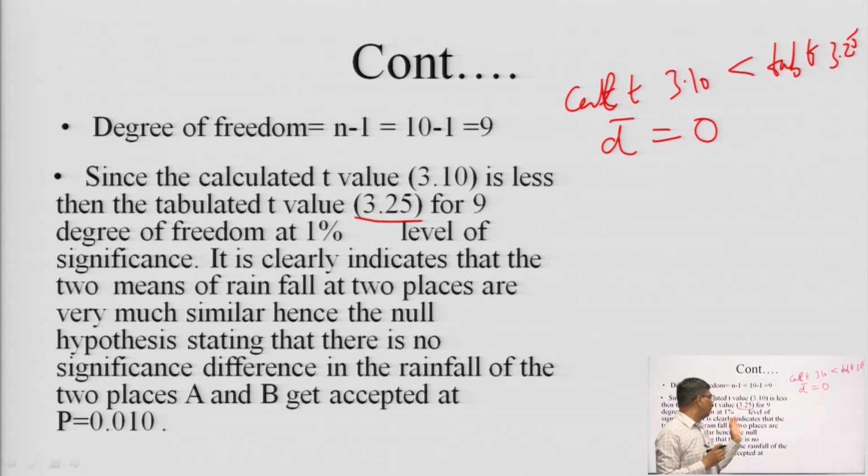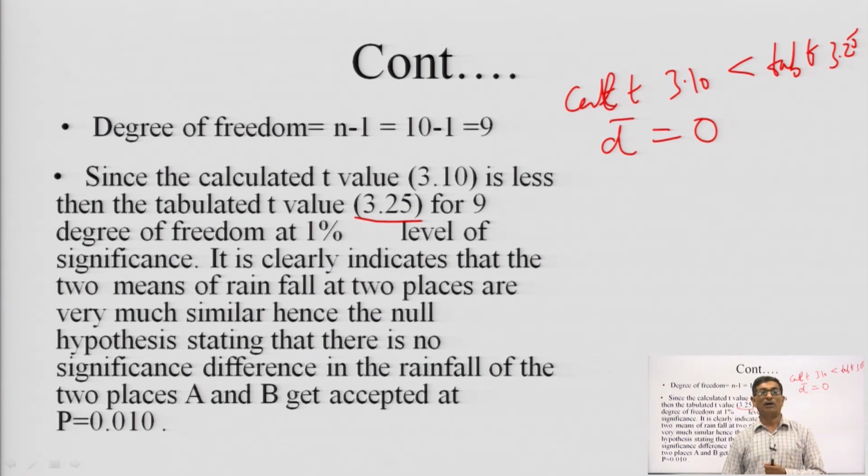So we had considered that there is no significant difference between the rainfall at place A and place B. This was our null hypothesis, and now we accepted the null hypothesis. Why do we accept the null hypothesis? Because the calculated value of t is less than the tabulated t. So we accept the null hypothesis and we state that there is no significant difference in the rainfall of the two places A and B at 0.01, or simply you can say 1% level of probability.